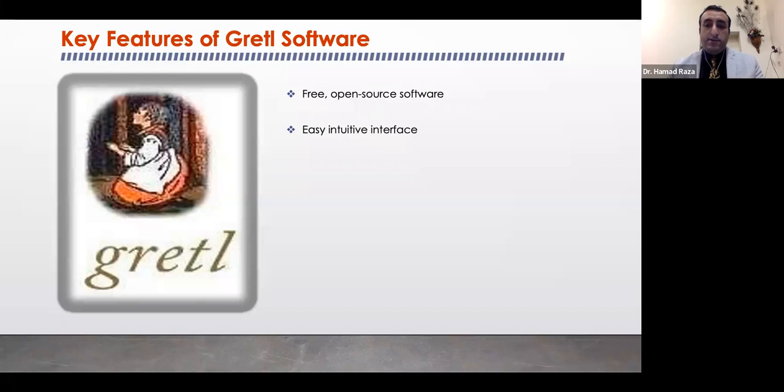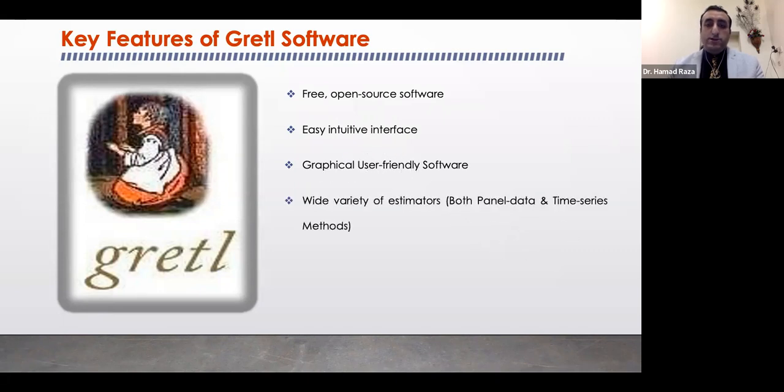It is a graphical representation of things, and you can easily perform the analysis in that software. It is graphical and user-friendly, and has a wide variety of estimators, meaning you can test both panel data and time series data in this software.